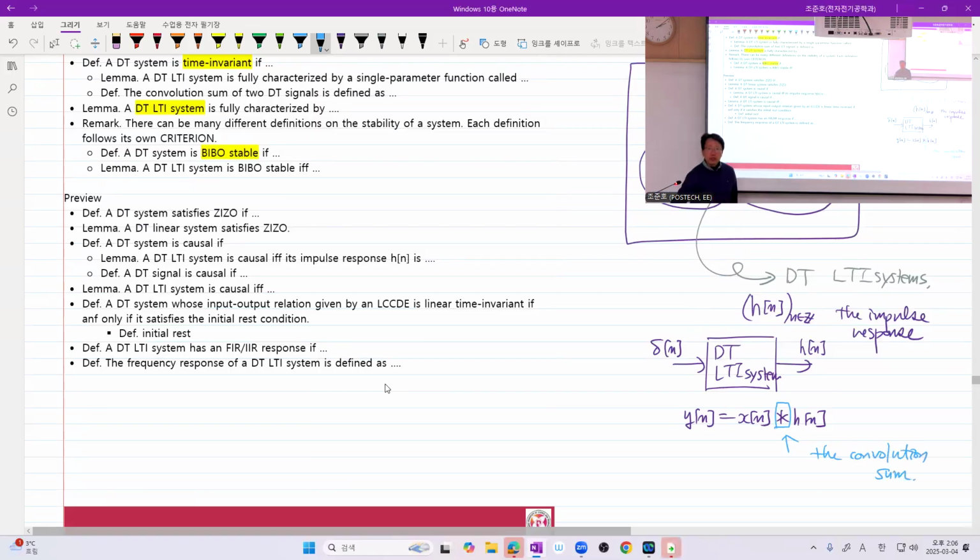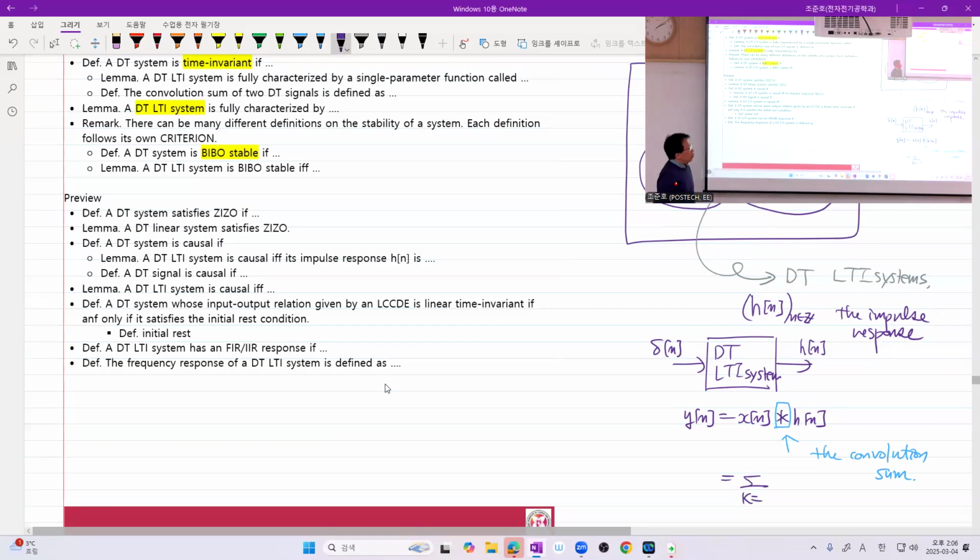And the convolution sum is not just an operation on x evaluated at some specific time and h evaluated at a specific time, but what? Operations on the entire input signal and the entire impulse response in this way.